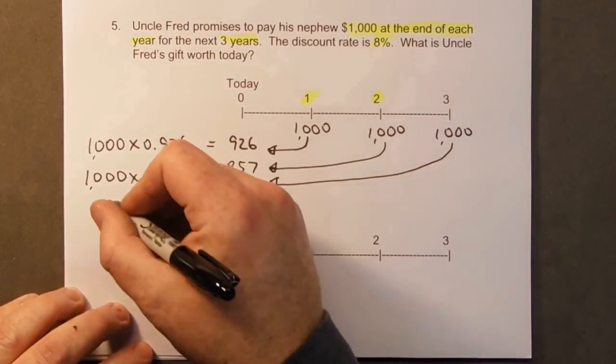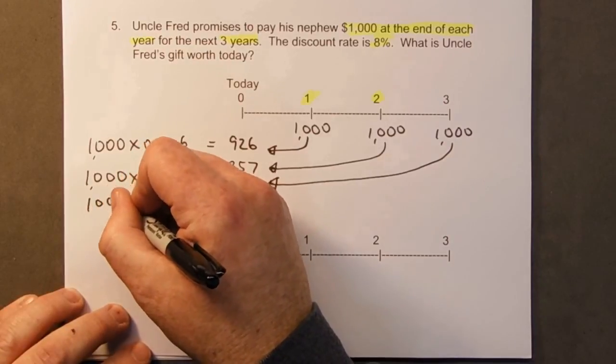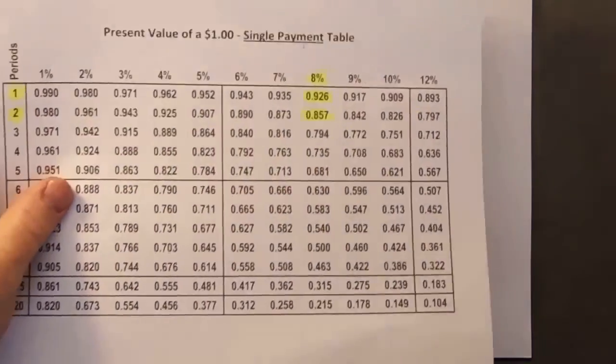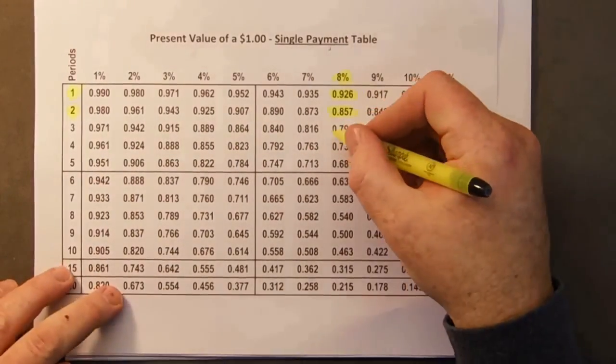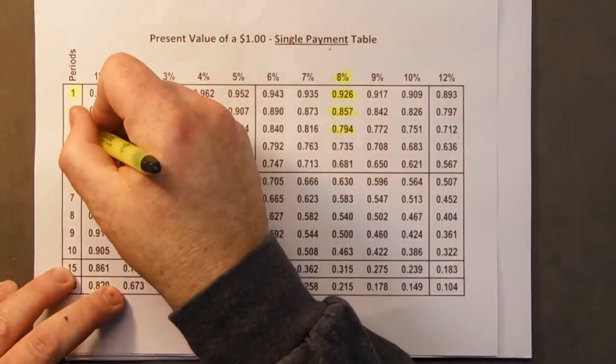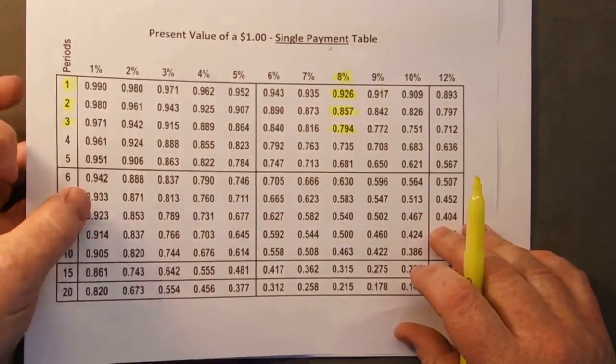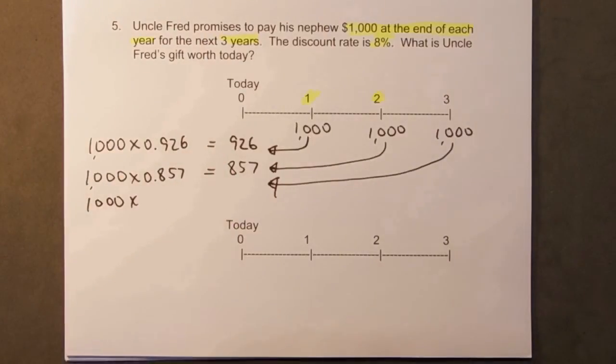Alright, last but not least, actually it is the least, we're going to find out. Last and least is the $1,000 3 years from now. And it's least because it's further out in the future. Only worth about 79 cents each.